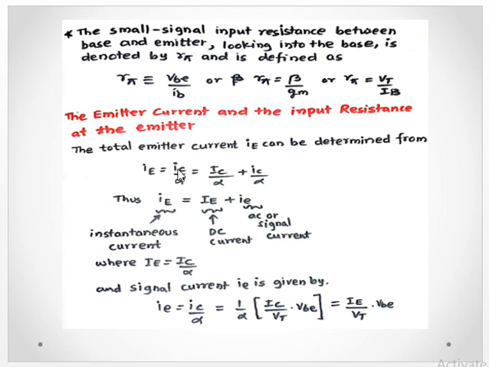We know iE is iC by alpha, and iC is IC plus ic, where IE is IC by alpha. The signal current ie is given by 1 by alpha times IC by VT times vbe. Since IC by alpha is IE, you can replace this term with IE, so the expression becomes IE by VT times vbe.